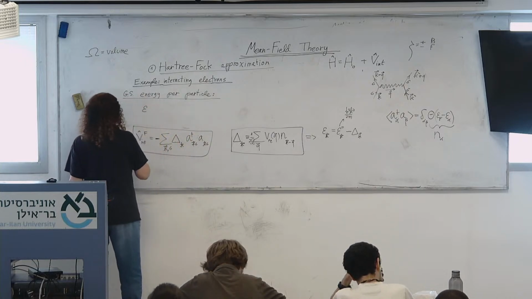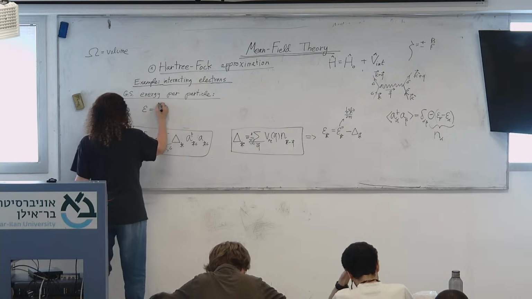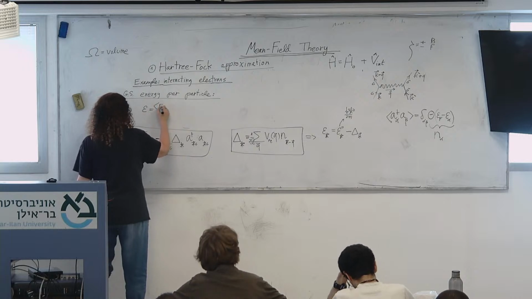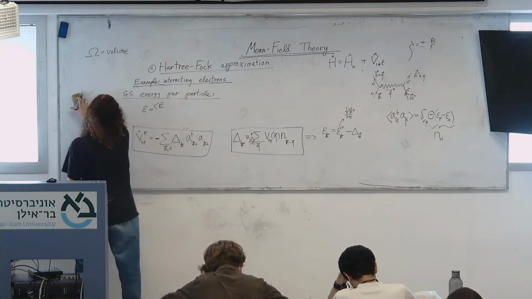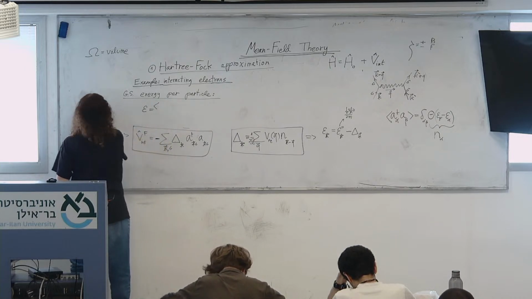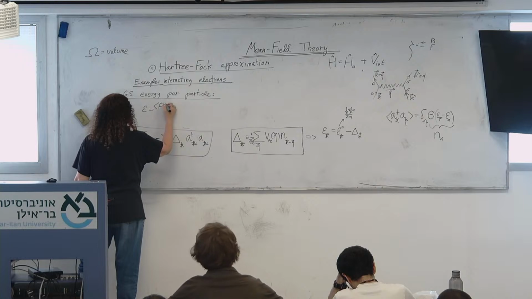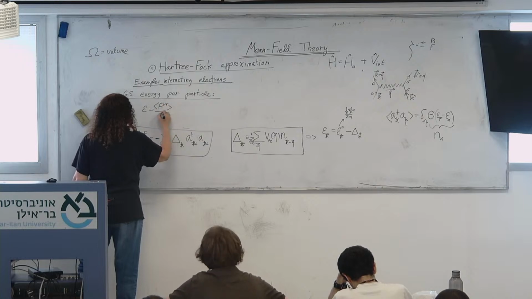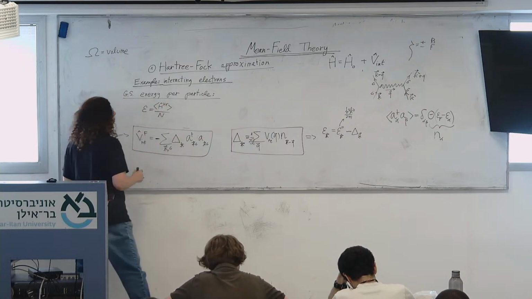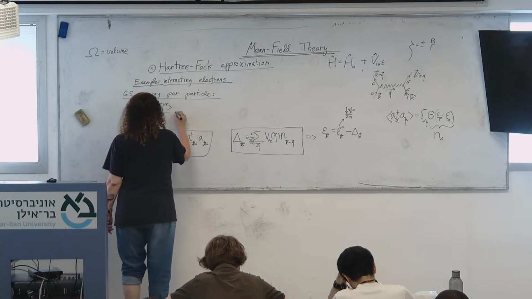I denote it just by epsilon, but the definition is really the expectation value of the energy of the ground state per particle, okay? So what is it?